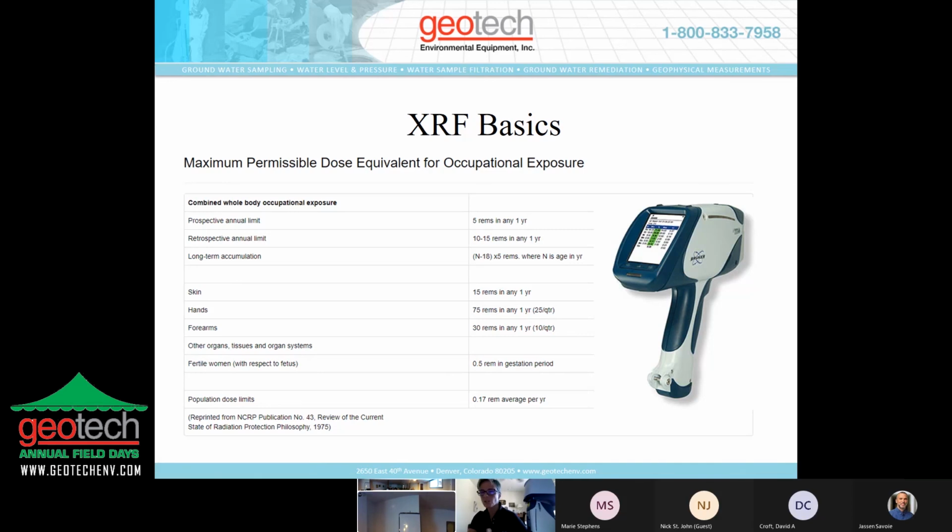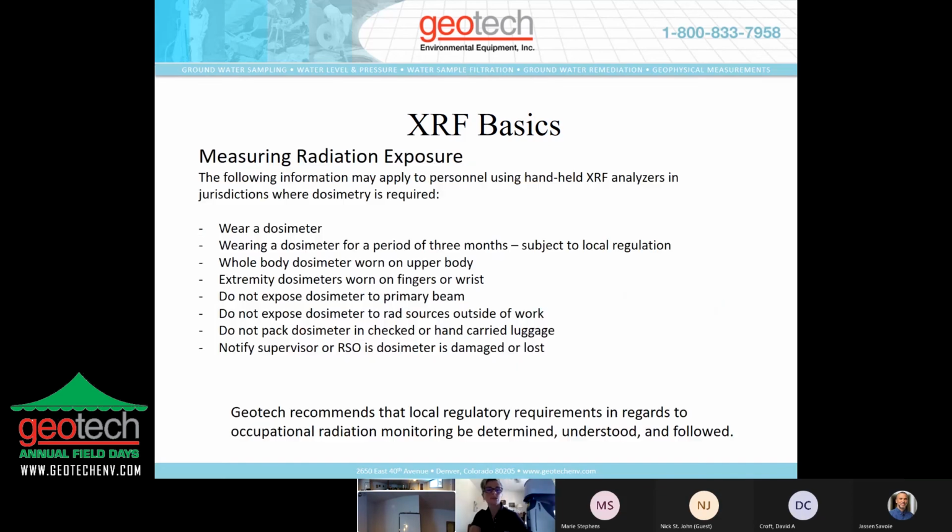That's using an instrument 5 days a week, 8 hours a day. In order to identify how much we've been exposed to, we can wear a dosimeter. You wear it for either a quarter or a month, and you send it into a lab, and the lab sends you back what you were exposed to, as well as a new dosimeter.